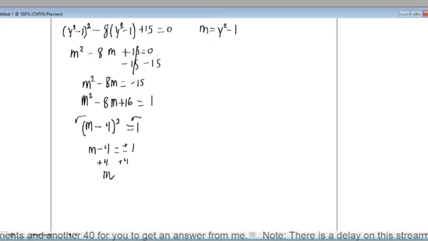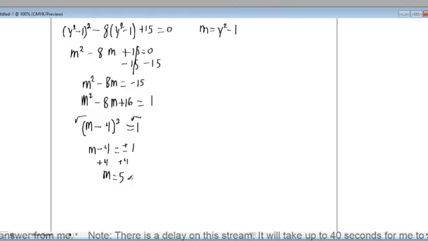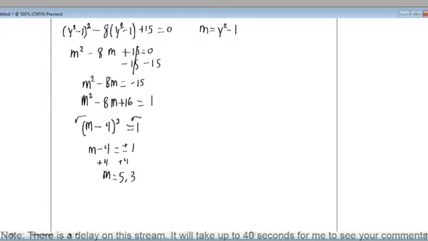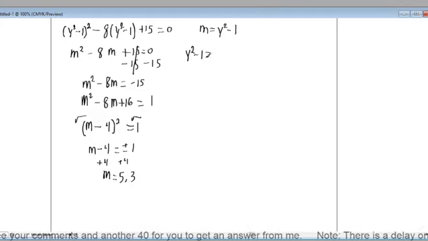So m could be equal to, let's see, 4 plus 1 is 5. And 4 minus 1 is 3. So m could be 5 or 3. Now, that's not our answer, though. That's just what we replaced these with. So now we need to go back up here and say, all right, m could be 5 or m could be 3. So y squared minus 1 could be 5.